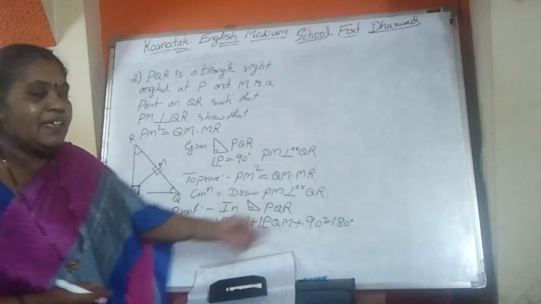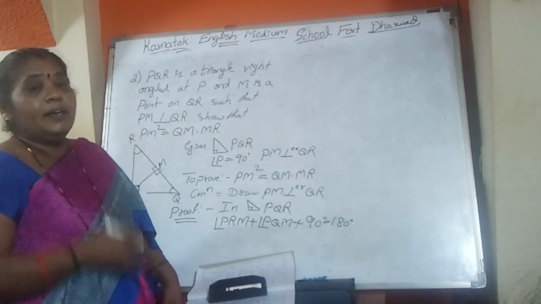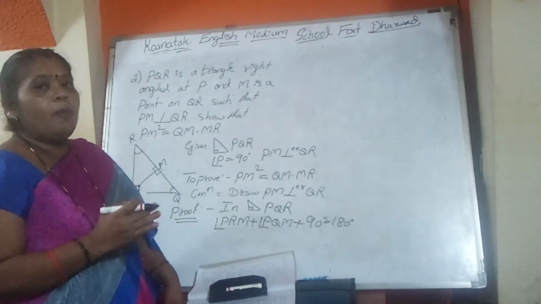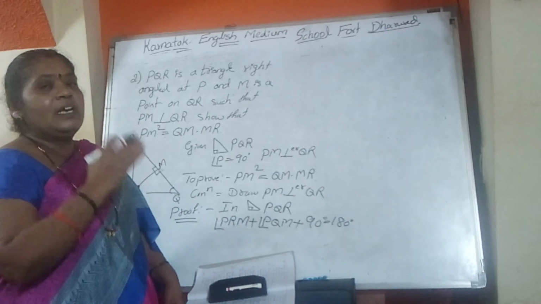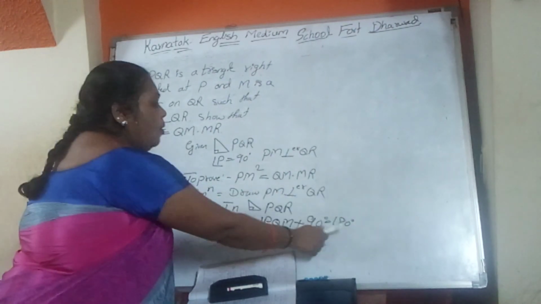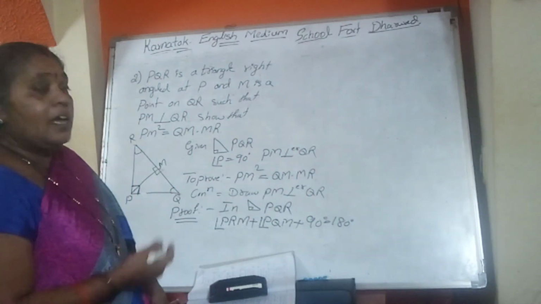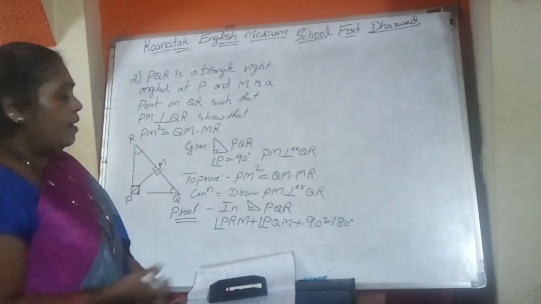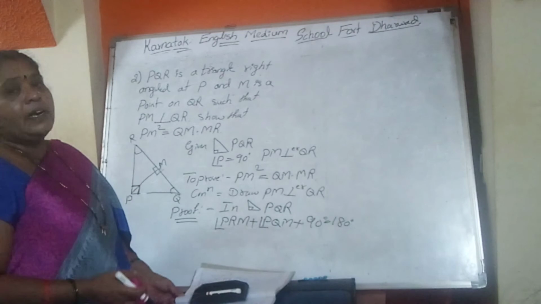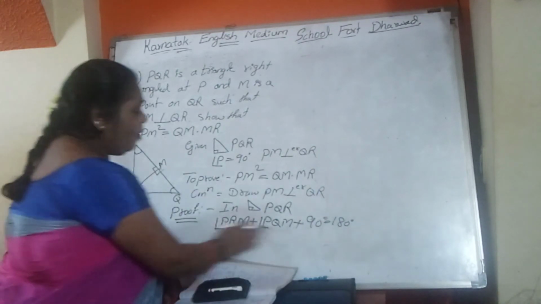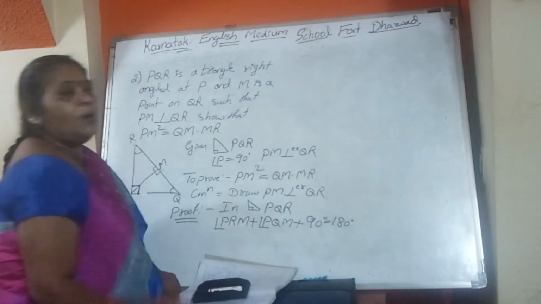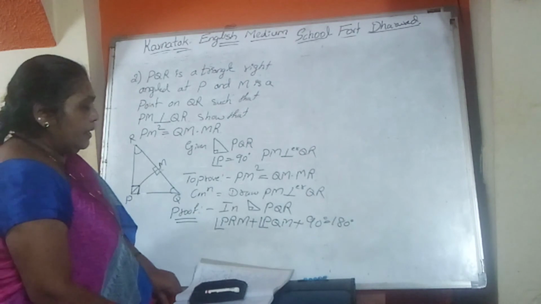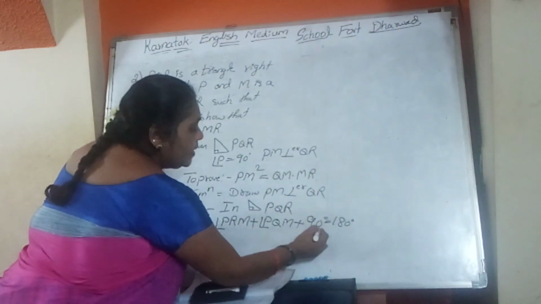Why did you write like this? You already learned the sum of all angles in a triangle is equal to 180. This theorem you learned in 9th and 8th standard also. So you transfer this 90 here.